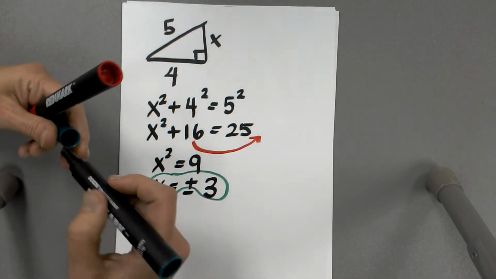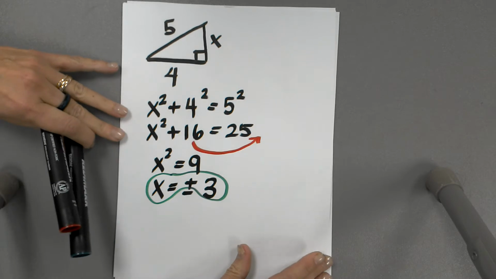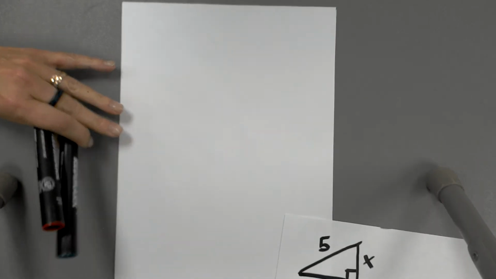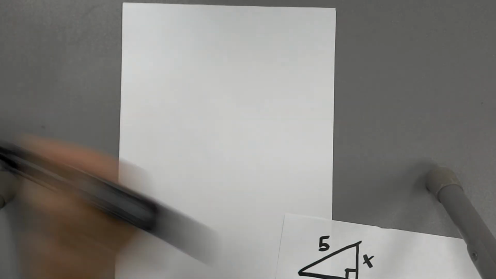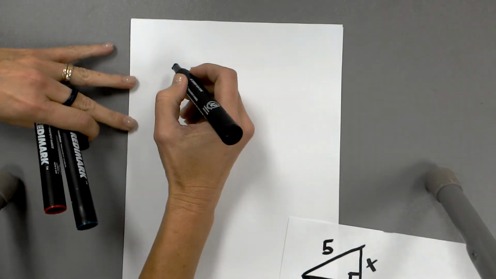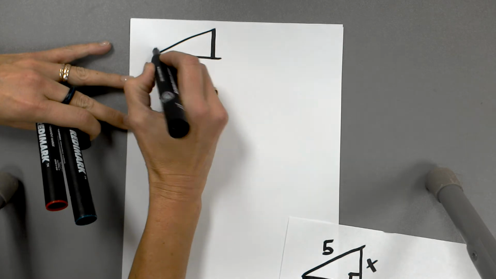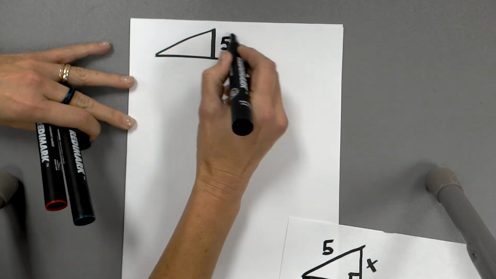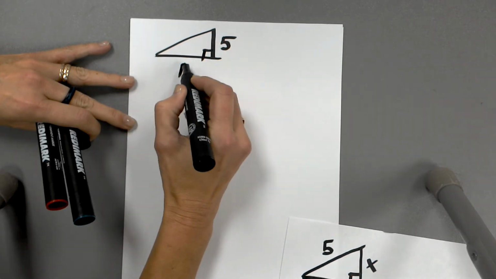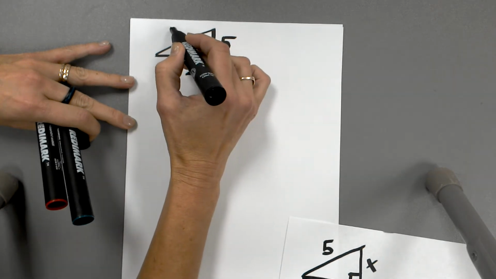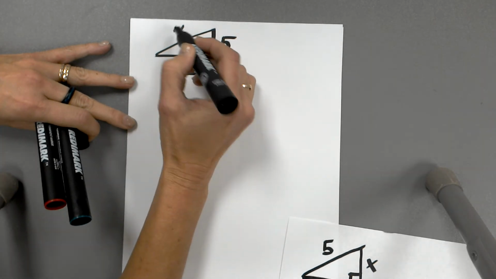Okay? So then the next example is, how do we handle finding a missing hypotenuse? This is 5, and this is 12, and we want to find the hypotenuse.